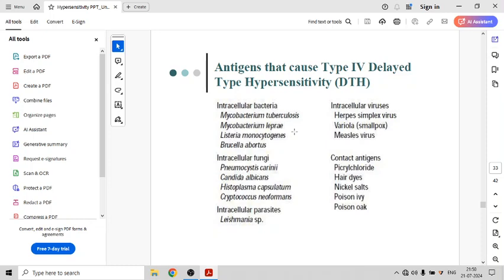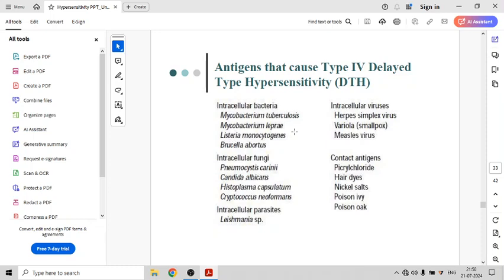There are also other antigenic agents which are chemicals or alkaloids of plant origin, such as picryl chloride, hair dyes, nickel salts, poison ivy, and poison oak, and these substances will cause DTH response, delayed type hypersensitivity.